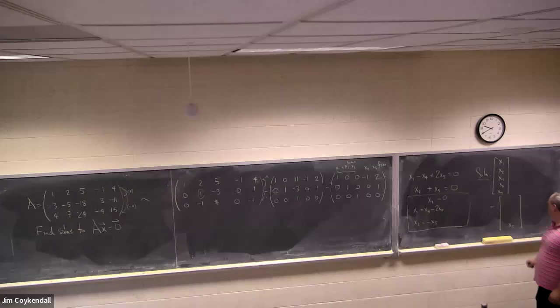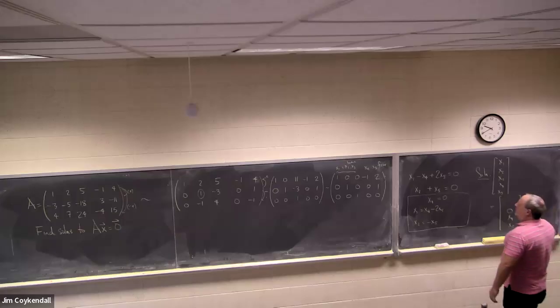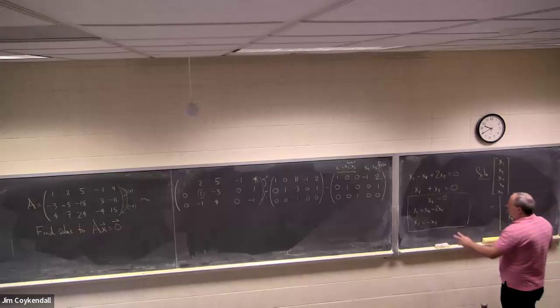It's one of my parameters. X4 is free too. So there we go. What was X3? It was 0, always. So my vector's always got that little zero right there in the middle. X2 is minus X5. And X1 is X4 minus 2X5.